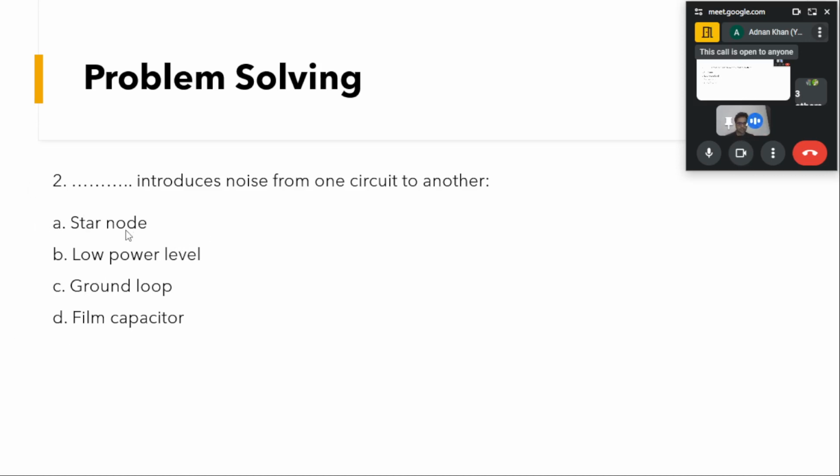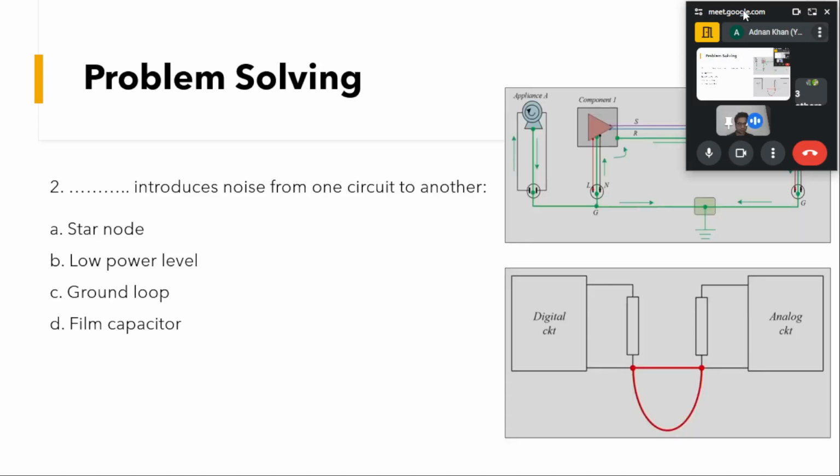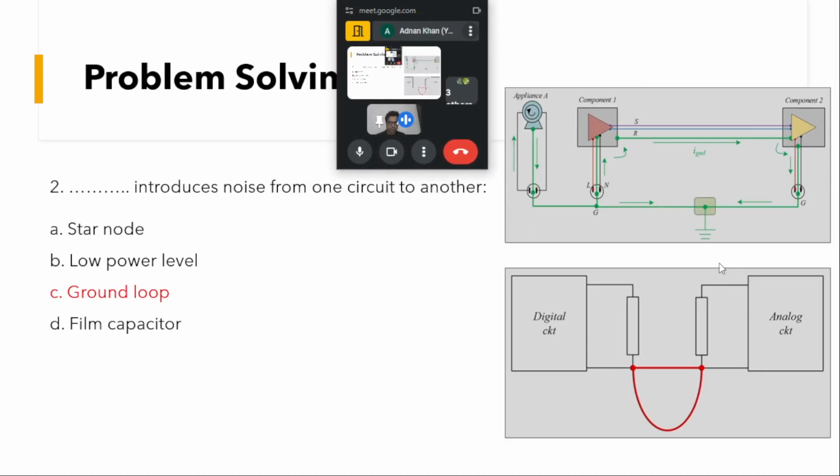We have seen that in this star node, no ground loop is getting formed, which means it cannot propagate noise from one circuit part to another. Also, if a ground loop is getting formed between two different parts of the converter, or there is a common ground between an appliance or different components of the converter, then if there is noise or common mode current in one part, and the grounds are connected, it can get propagated to other components.